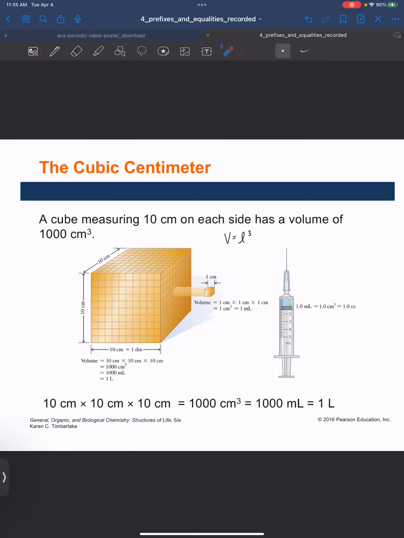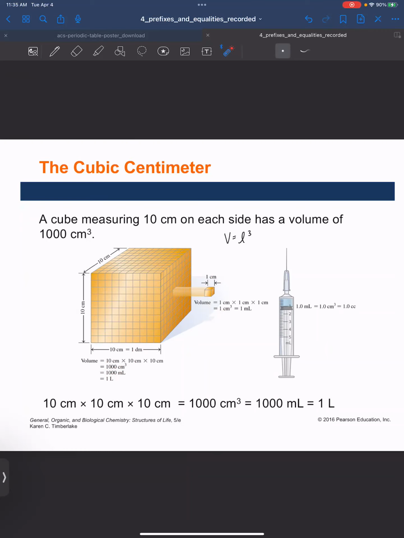If we divide this up into little cubes measuring 1 centimeter, the volume of each individual cube would be 1 cubic centimeter. If we measure the volume of the bigger cube, each side is 10 centimeters. So that's 1,000 cubic centimeters, which is the same as 1,000 milliliters, which we know is 1 liter.